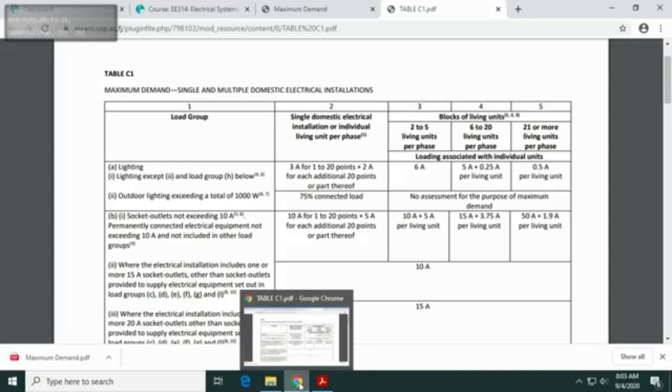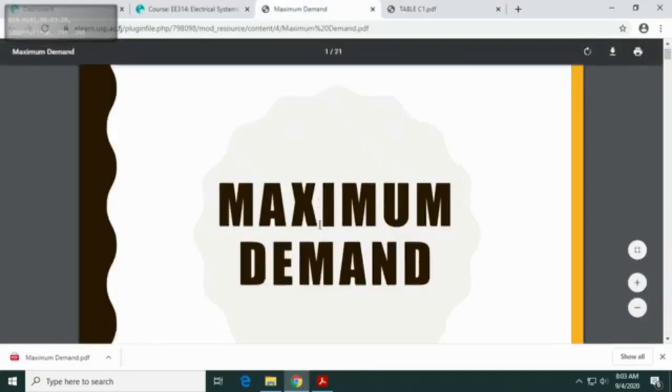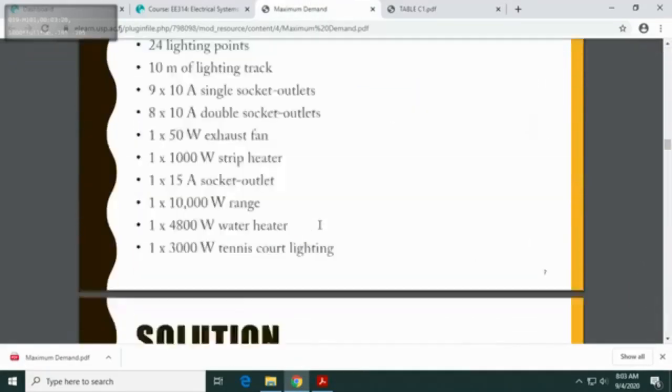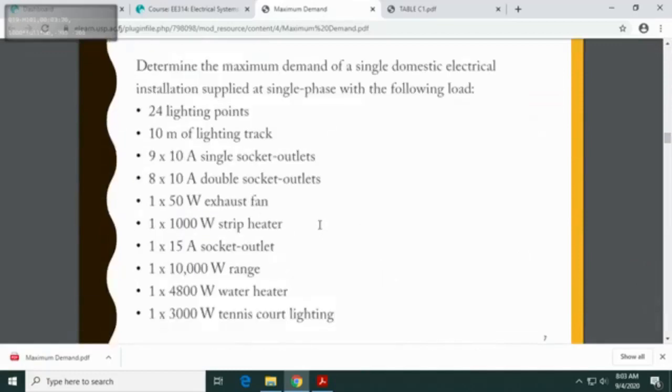Okay, let's just resume with our example that we're looking at. This was example 2. So we left off with the 1000 watt strip heater.